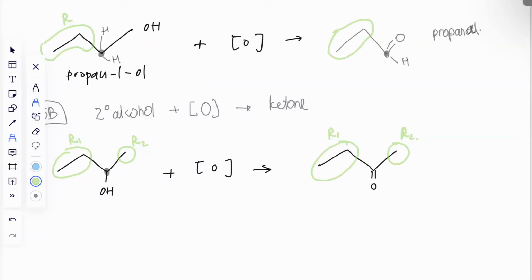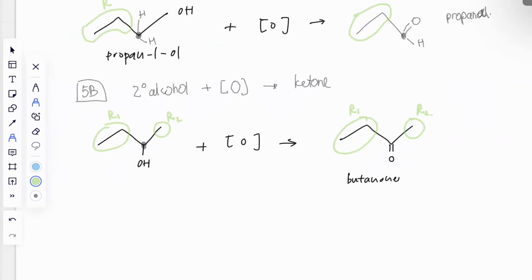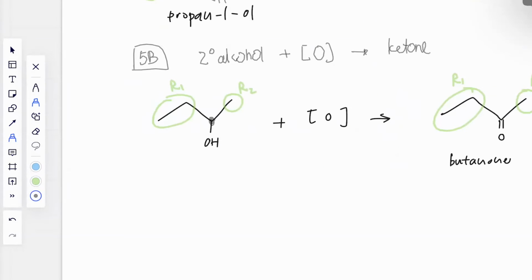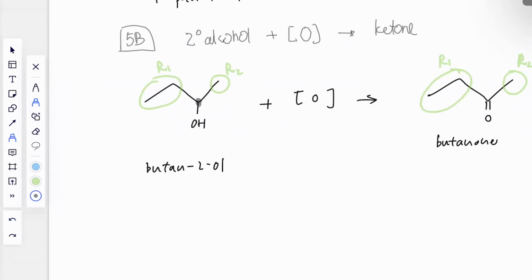How do you give name? Butanone. Butane-2-ol becomes butanone.